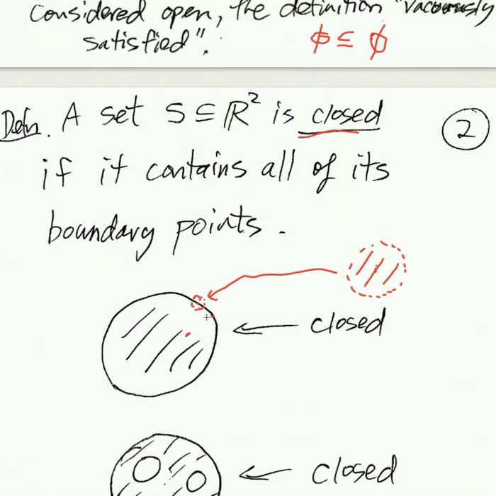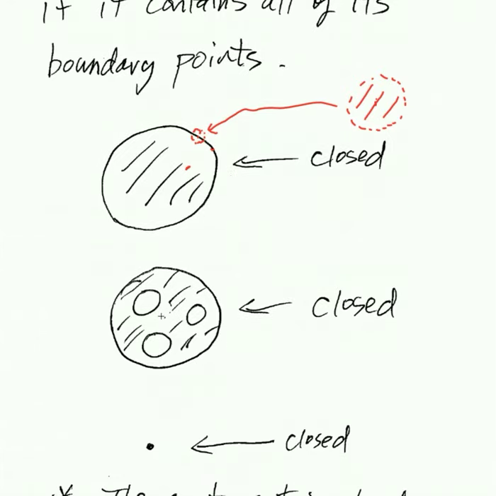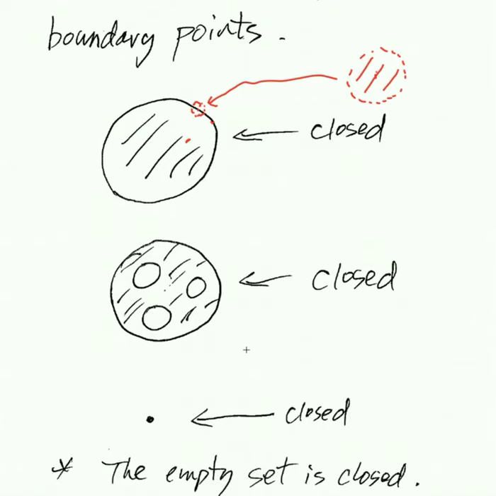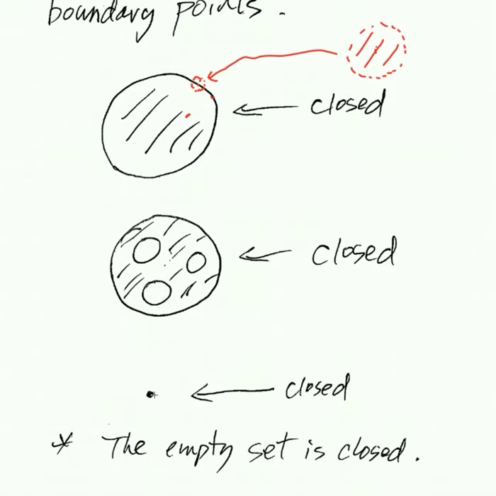This does. This one is also closed. Notice these solid curves here. These are solid, which means they're being included. This is closed. What are the boundary points for this set? Every open disk centered there contains points in the set, namely itself, and points outside the set.